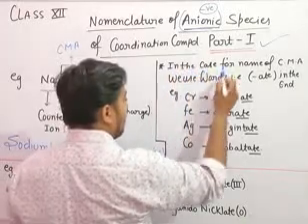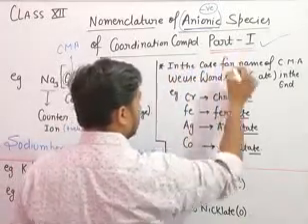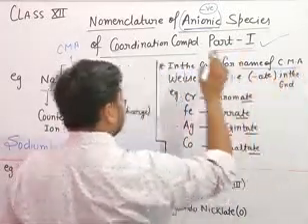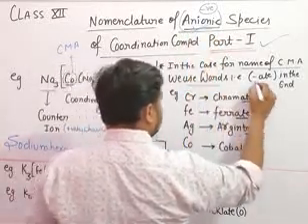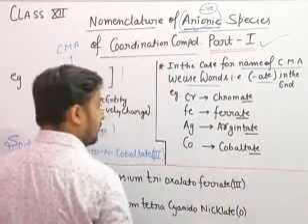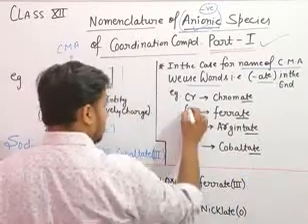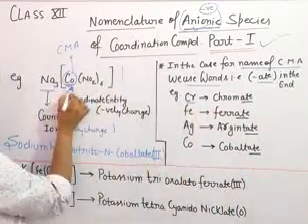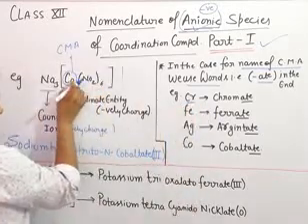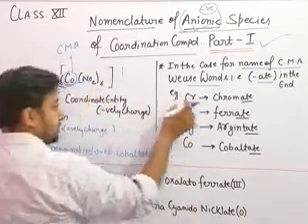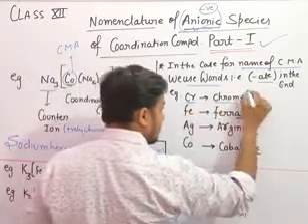For the name of the central atom in the case of anionic species, we use the ending -ate at the end of the name of the central metal atom. For example, for cobalt we will use cobaltate. If instead of cobalt we are using chromium, it will be named chromate.